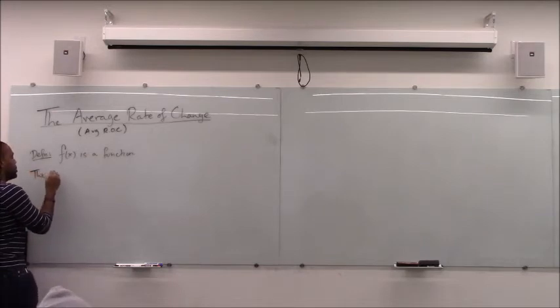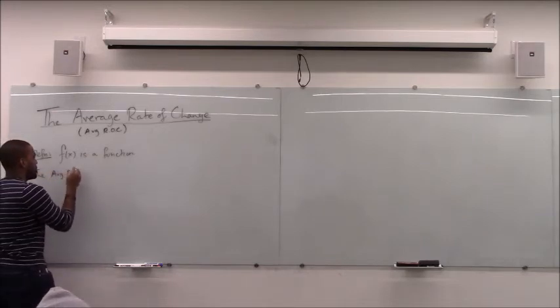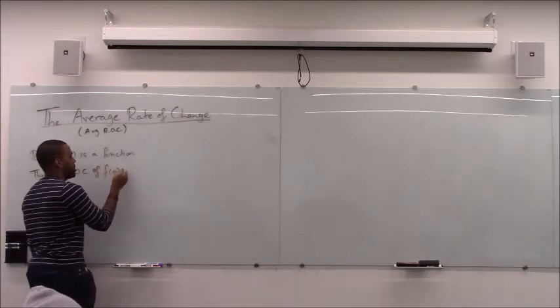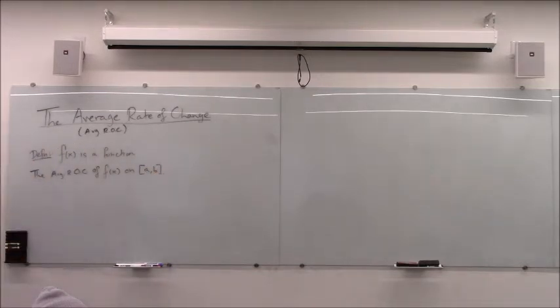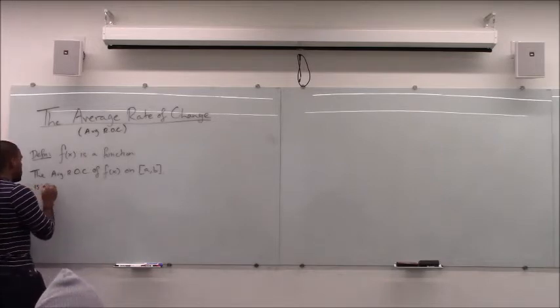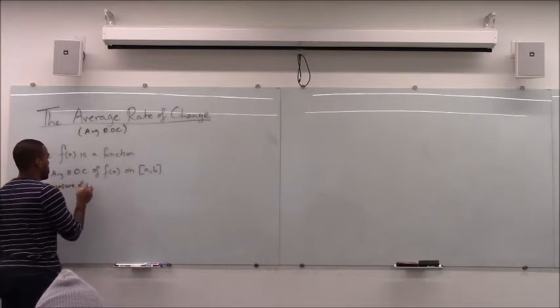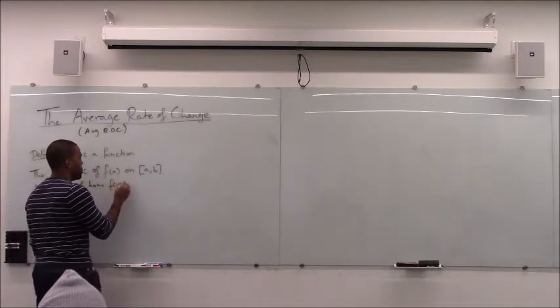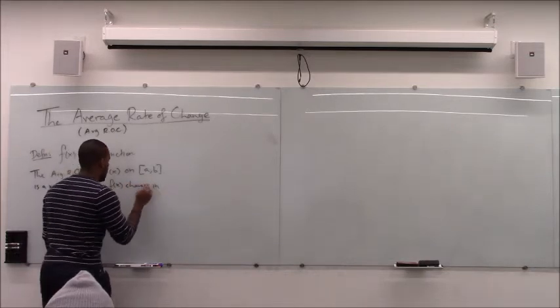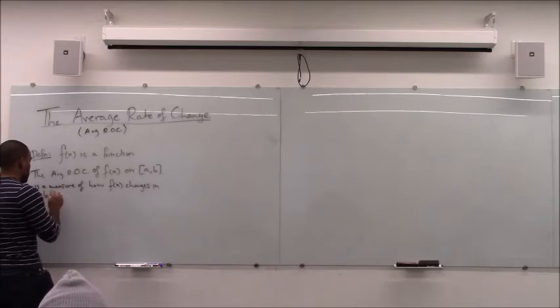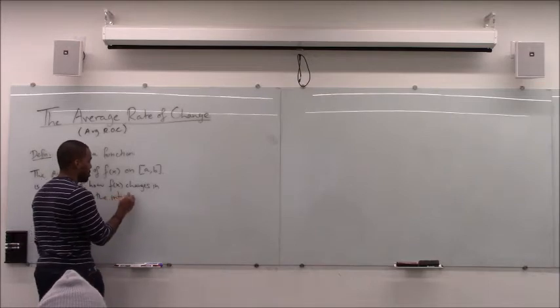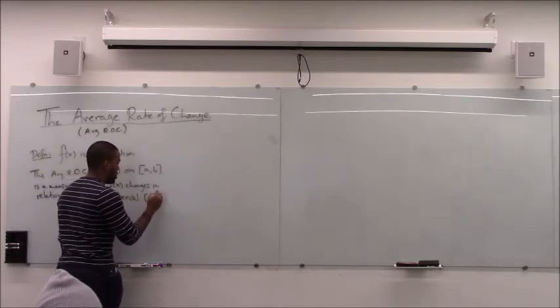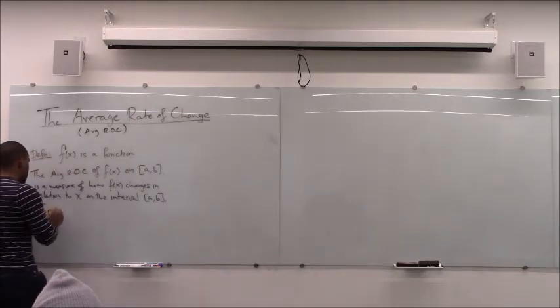The average rate of change of f of x on a certain interval, so there's some window in which you're trying to consider the change of f, is a measure of how f of x changes in relation to x on the interval. Probably doesn't tell you anything, so specifically, here's what I mean.